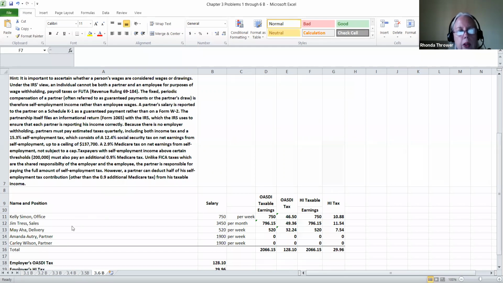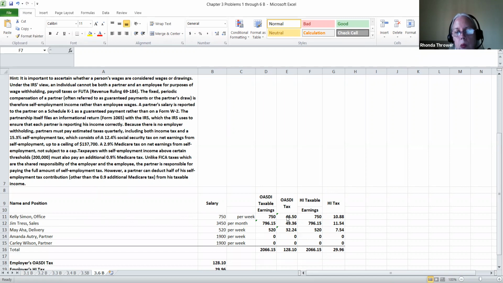So to try to simplify things, let's take Kelly Simmons, who is an office employee. She's not an owner of the business. She's not a partner. So her earnings are subject to OASDI. Her salary is $750 per week. So all of the $750 are taxable earnings toward Social Security.